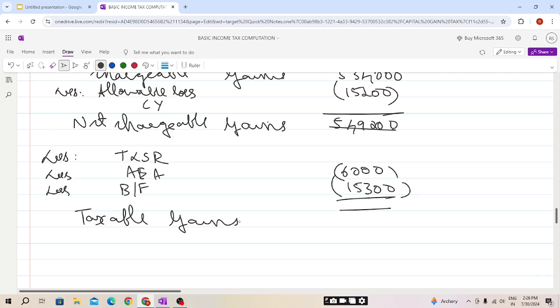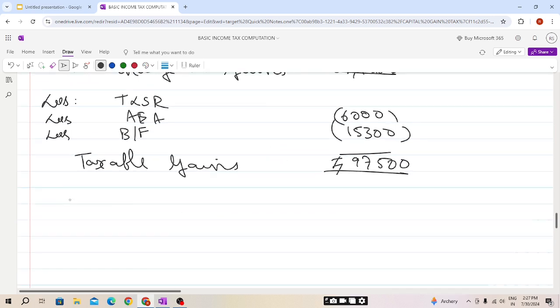will give rise to the taxable gains. So the taxable gains will be, students, 497,500. Now students, we need to calculate the capital gain.